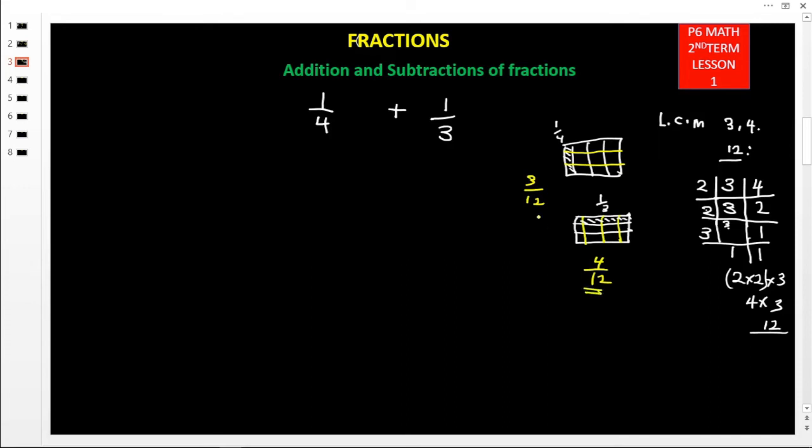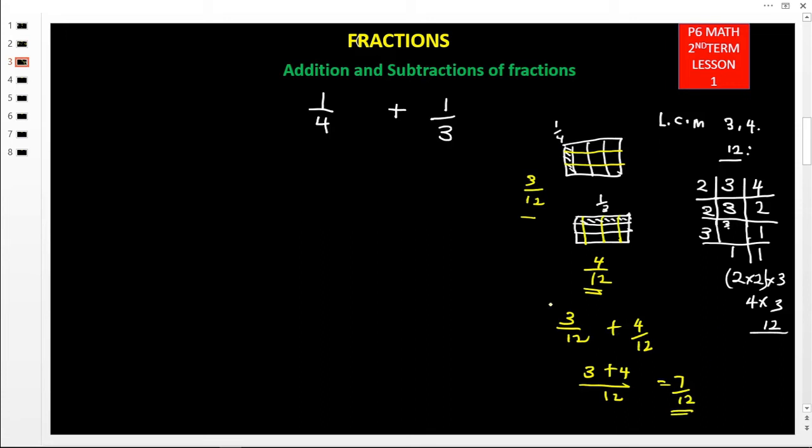Now this 12 is what we have obtained as our LCM. Because these fractions are now equal, we can add them: 3 out of 12 plus 4 out of 12. Then we have 3 plus 4, where each one has 12, and this is giving us 7 out of 12.